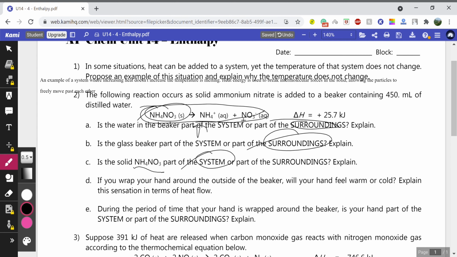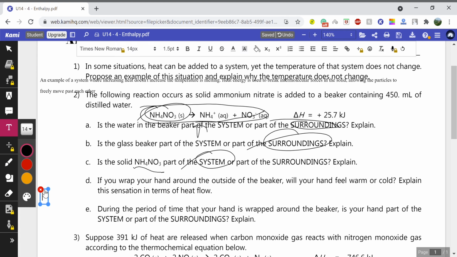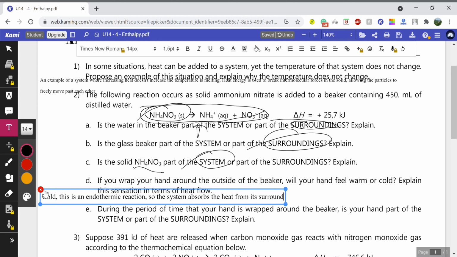Next, if you wrap your hand around the outside of the beaker, will your hand feel warm or cold? Alright, so for this one, the answer is going to be cold, because this is an endothermic reaction. So the system absorbs the heat from its surroundings.